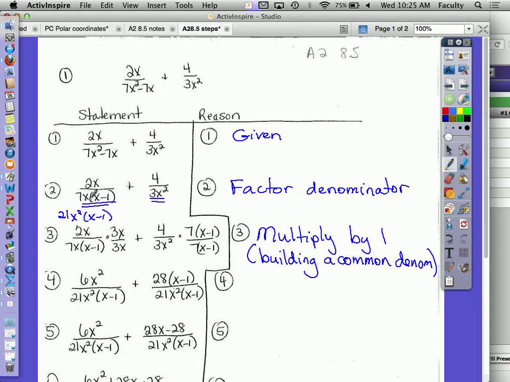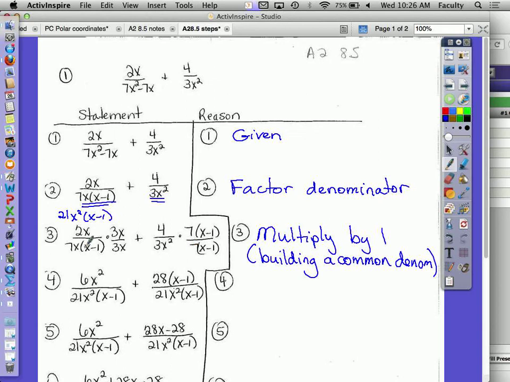So when I'm looking at this denominator, I have one of those x's already, so I don't need to multiply by 3x squared. Really good question. And over here, I have the 3, the x squared, and this x in here. I only need the 7 and the x minus 1. Well, we'll go over how you get that in my notes, but for now, that's what's going on.